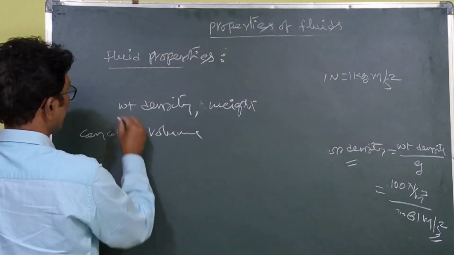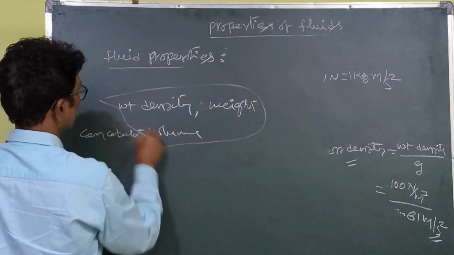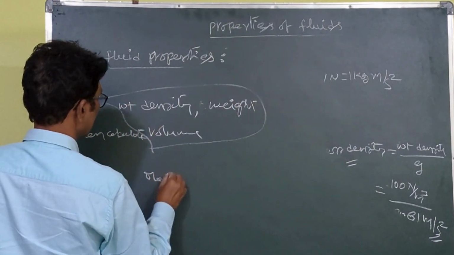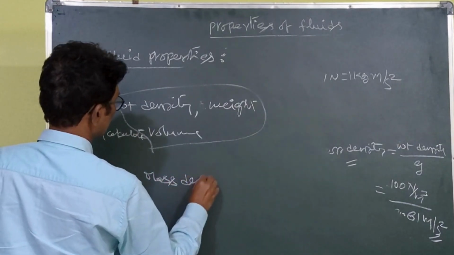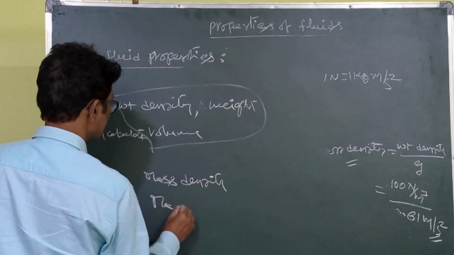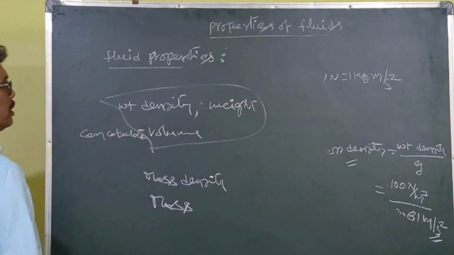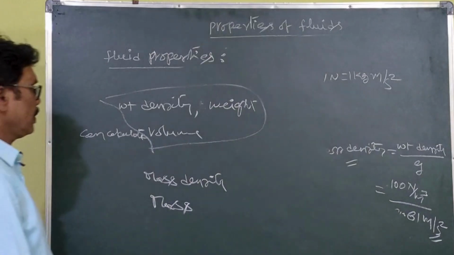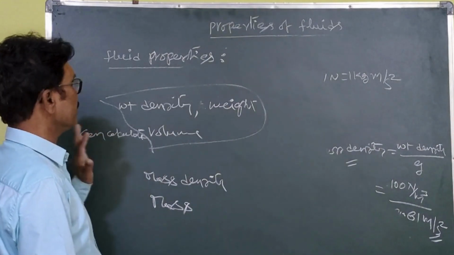At the same time, if you know these three terms, we can calculate the mass density. We can calculate mass. All these things we can calculate. But we have to be careful with the conversion of the units.